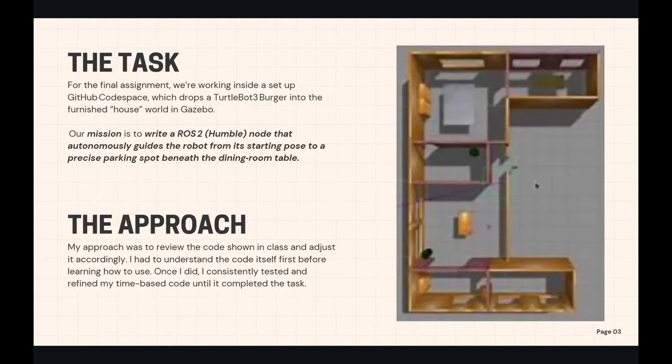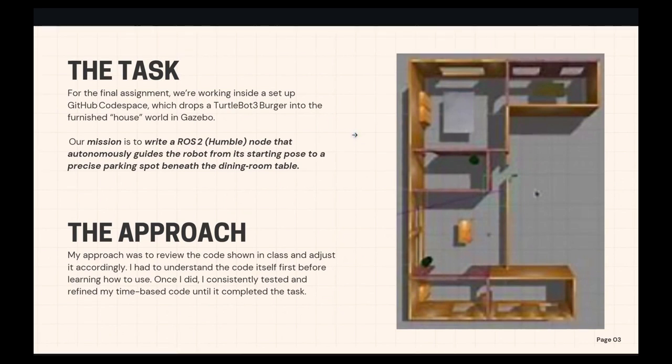My task was for ROS, dealing with ROS Gazebo. In ROS, we learned about the TurtleBot 3, which was used in the Gazebo simulator, and I was tasked with simulating, in this house world in Gazebo, a TurtleBot 3 robot and autonomously guiding it to its position, starting from outside the house.